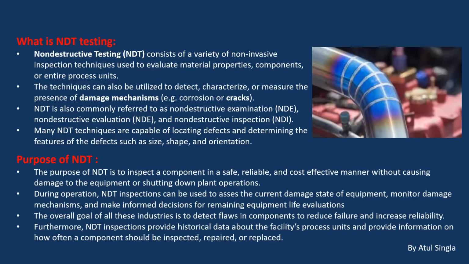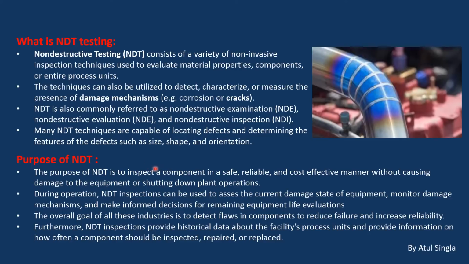We need to take a few decisions so that we can calculate the risk. Sometimes we accept a few cracks, sometimes we accept some level of corrosion, but we need to measure that. To do that, we need to perform a few NDT testing, right? And this is the overall goal.